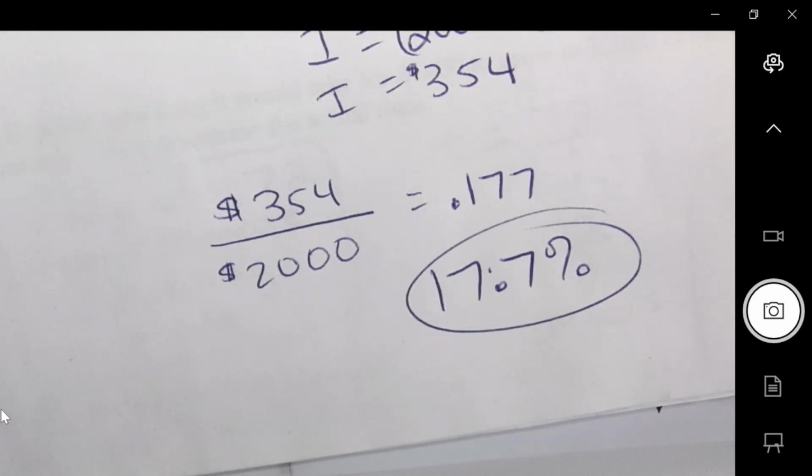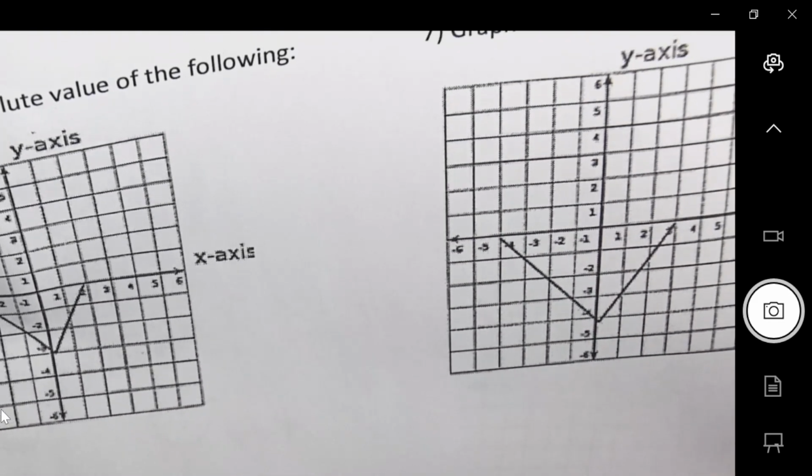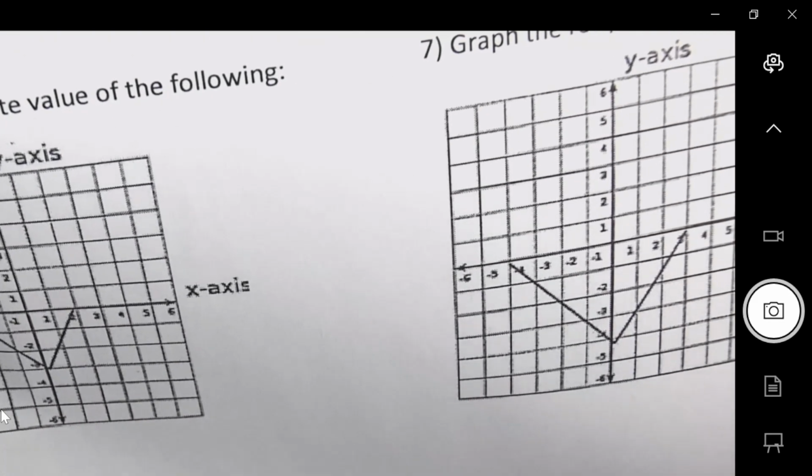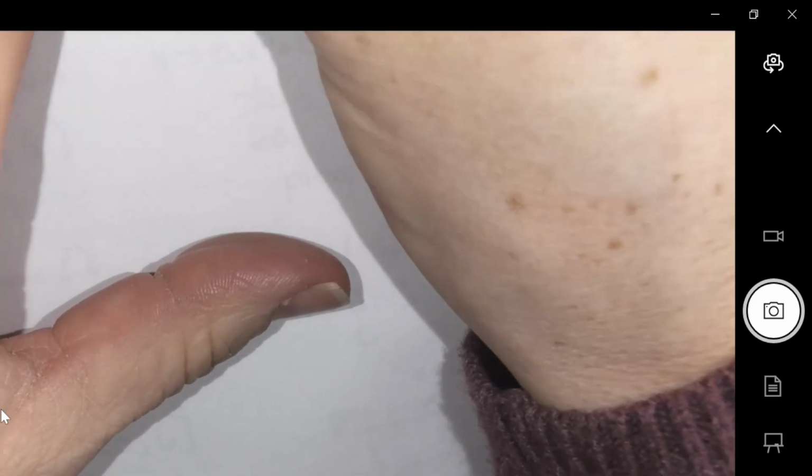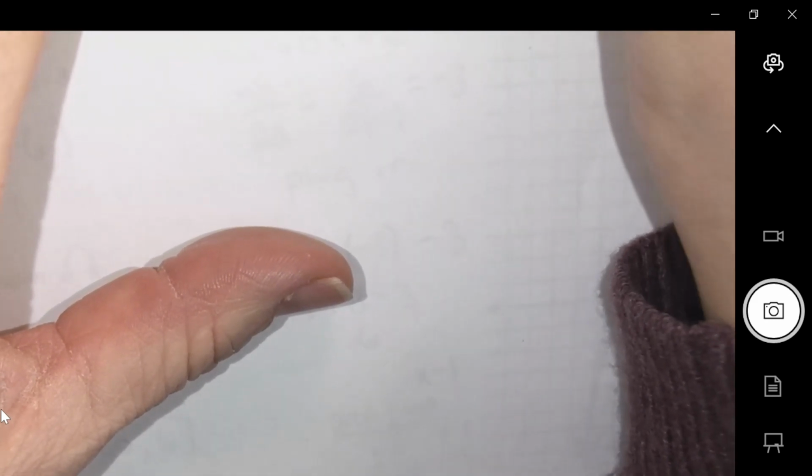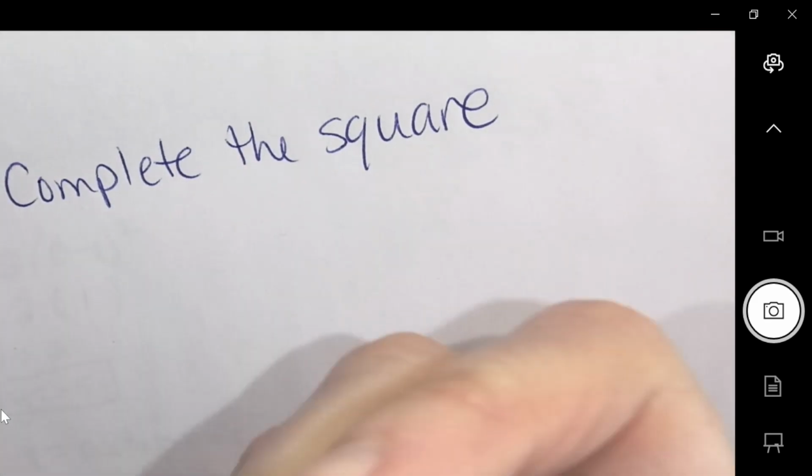You have this on the top of your back page, the last page, so just go to the blank part. So, complete the square.